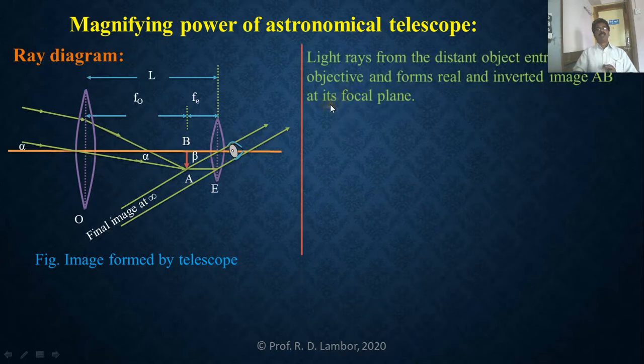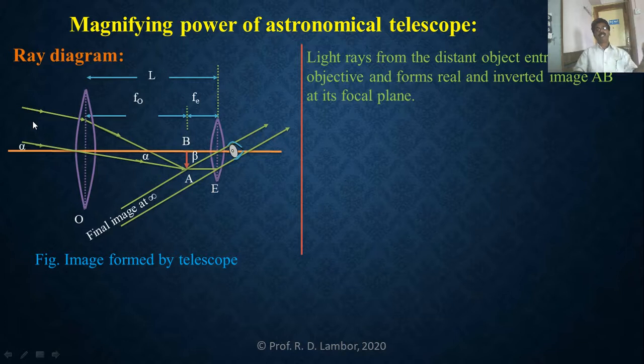So light rays which are coming from the distant object now enter this objective, and after refraction through that objective, the light rays form a real and inverted image AB at its focal plane. So AB is the image formed by this objective lens of the distant object, which is practically at infinity.